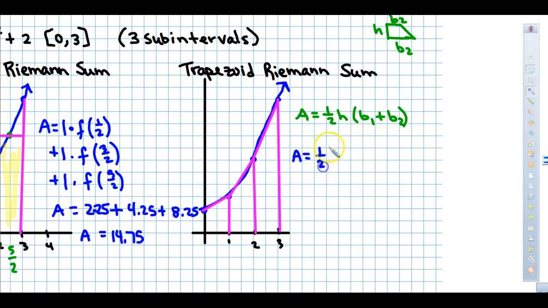We're going to have 1/2 times our height, which is 1. Won't I do 1/2 times this height for each one of these three? So I'm going to factor out the 1/2 height, and I'm just going to focus on base 1 plus base 2 for each one of these trapezoids. Looking at this first trapezoid, base 1 is the length of f of 0, and base 2 is the length of f of 1.